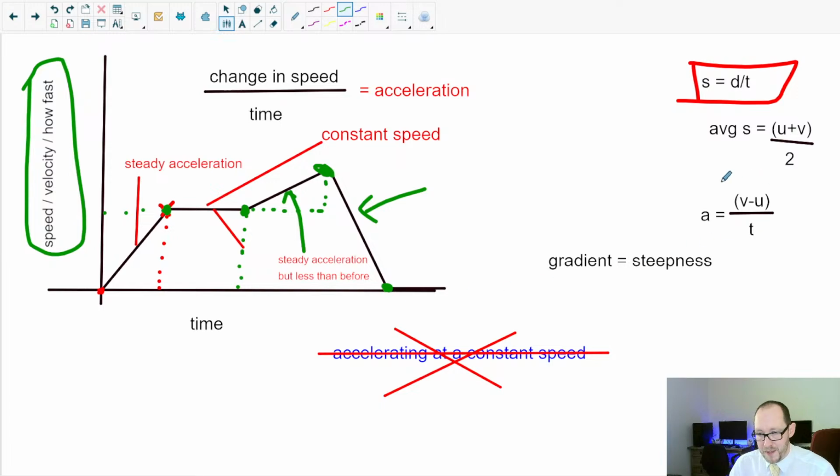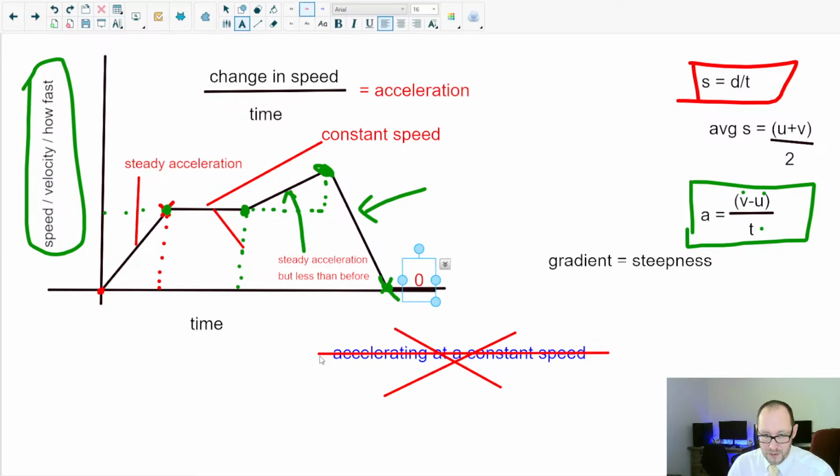All right, and this is where this equation is important. Change in speed divided by time. This is better: final velocity take away initial velocity, divided by time is what we want. So we want our final velocity down here, which is 0. And we want our initial velocity up here, which is not 0. Let's say it's 7.